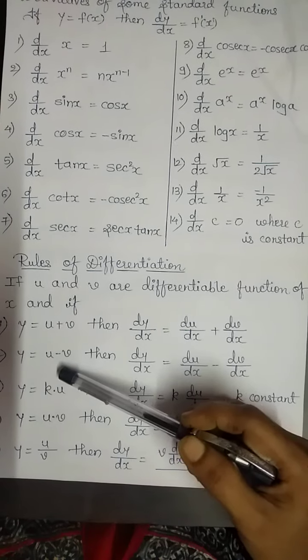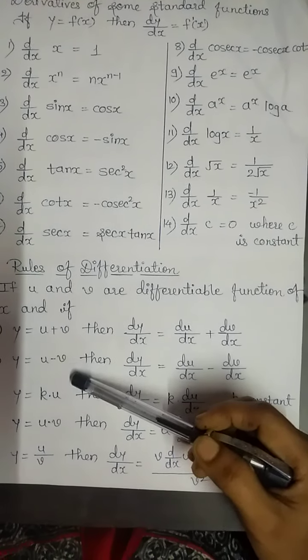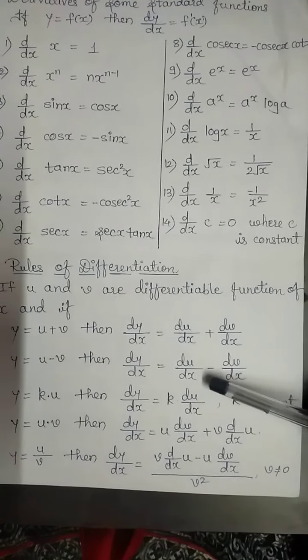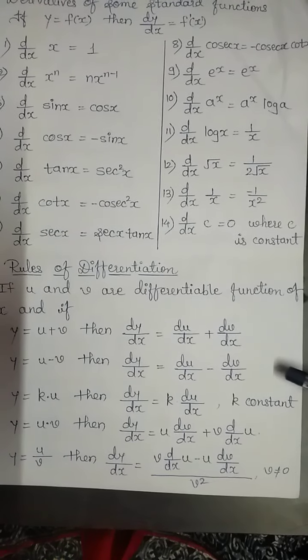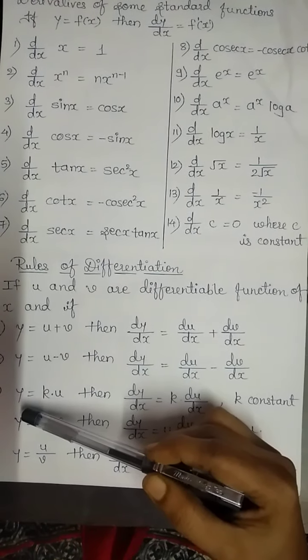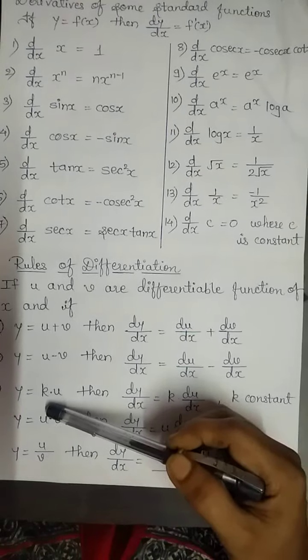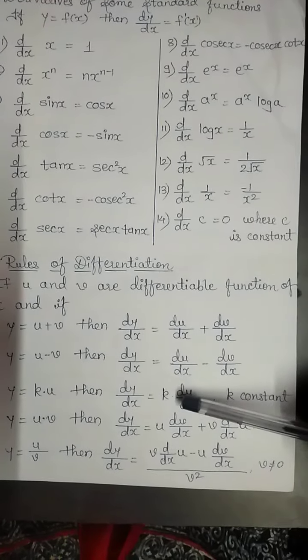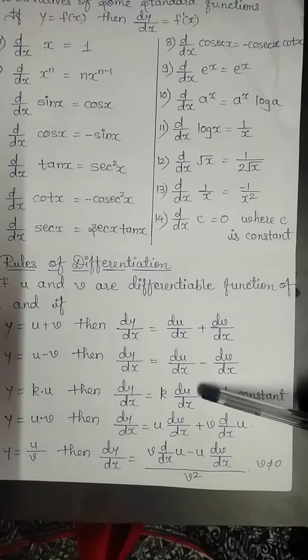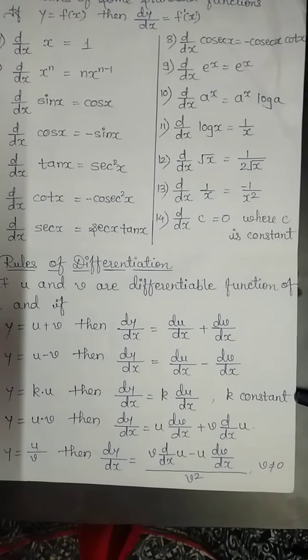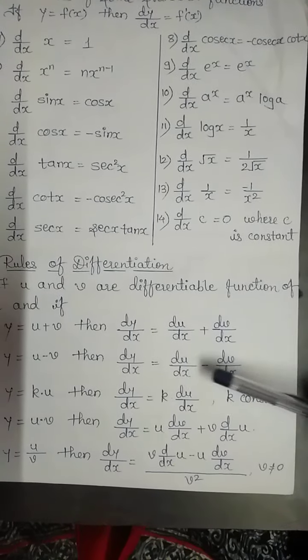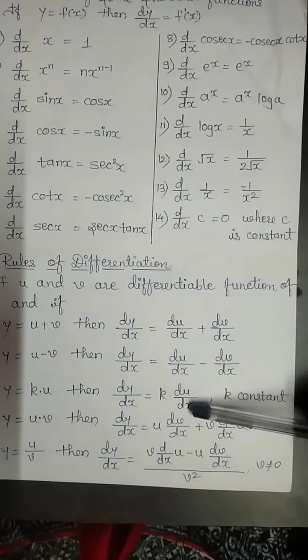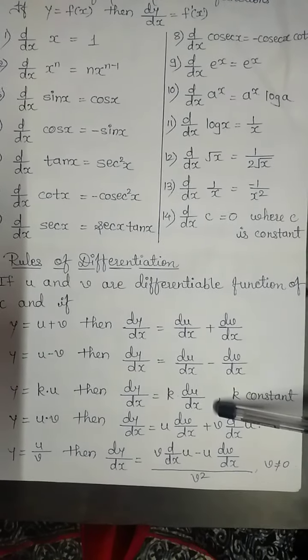Here also if more than 2 terms are present, then also we will find the derivative by considering each term. Now y is equal to k into u. Here the derivative will be k into derivative of u, where k is a constant. Means we will write that k outside and then we'll take the derivative of the given function.